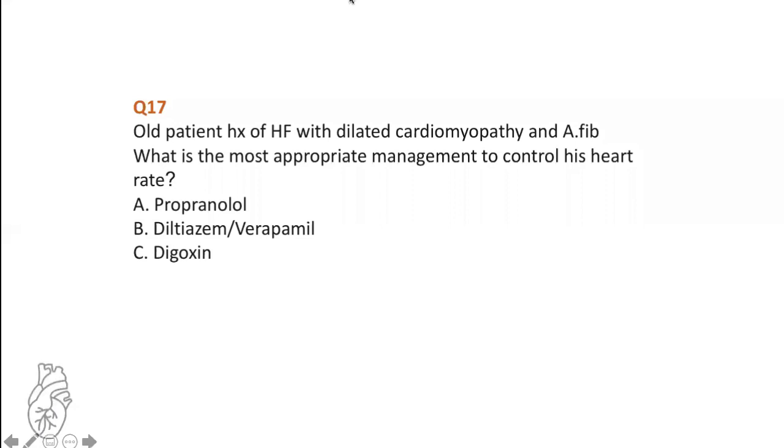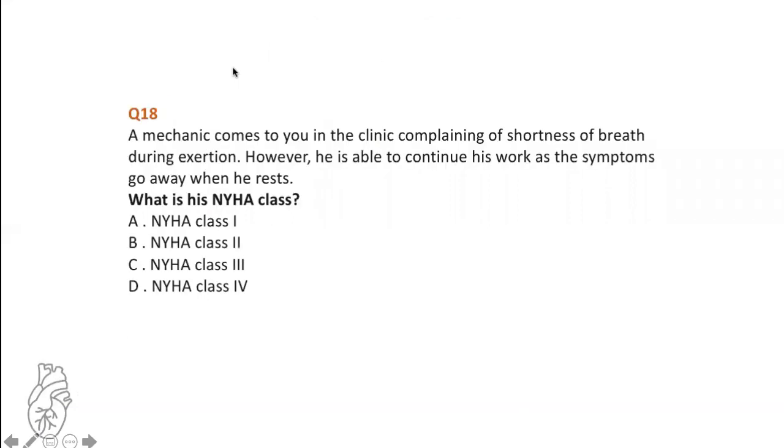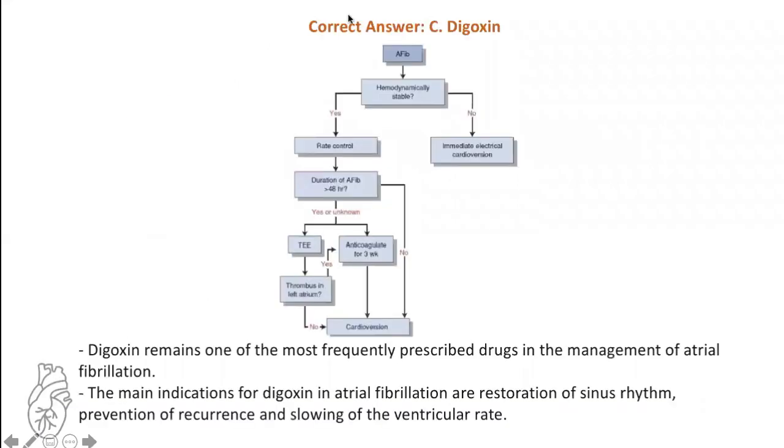Going with the digoxin, C. Yes, digoxin. So digoxin remains one of the most frequently prescribed drugs for management of atrial fibrillation, and the main indication for digoxin in atrial fibrillation is restoration of the sinus rhythm and prevention of recurrence and slowing the ventricular rate.